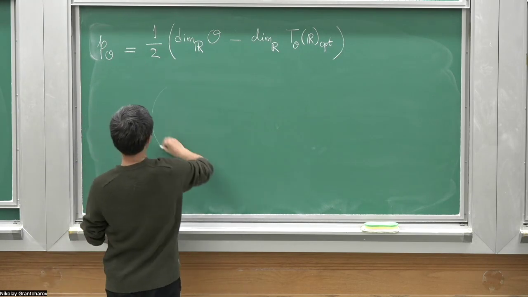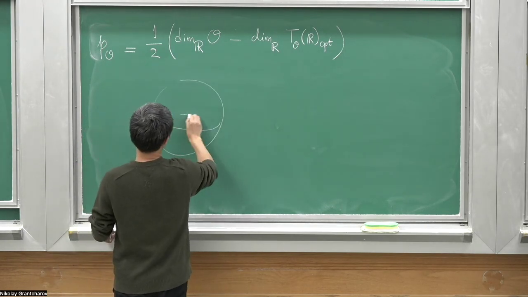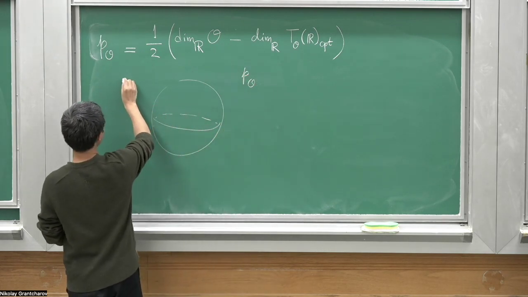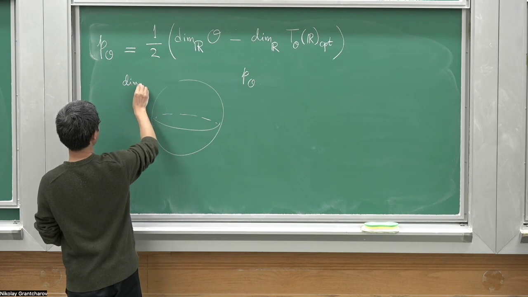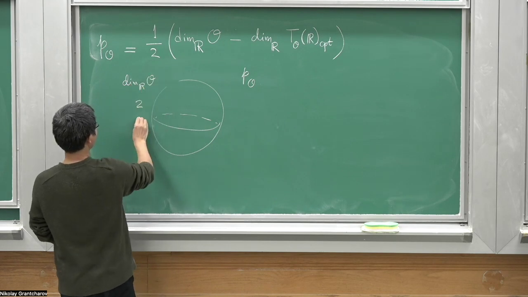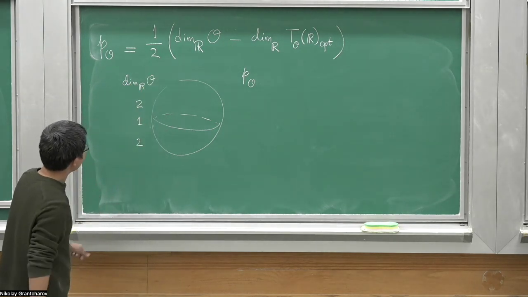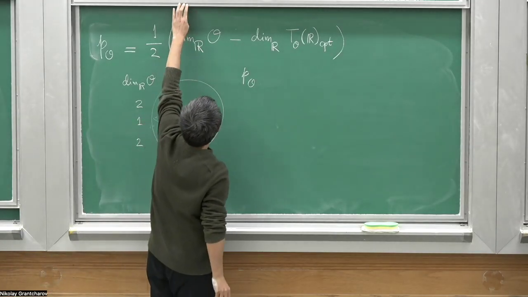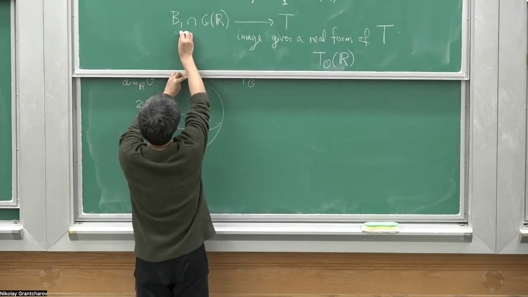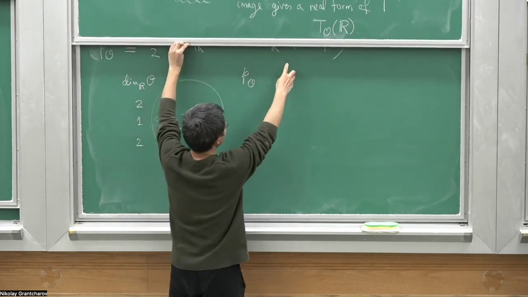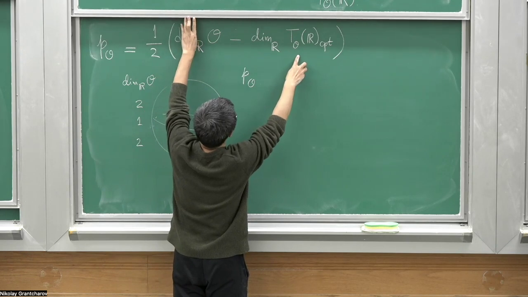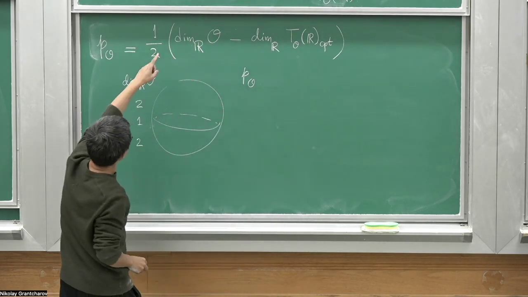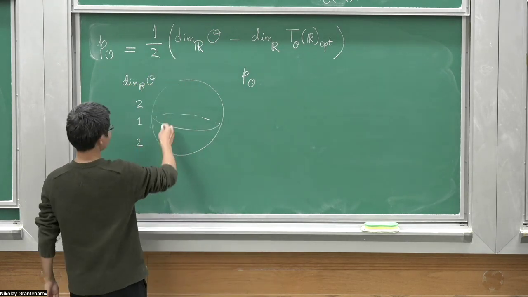Let's look at this example. The real dimensions are 2, 1, 2. Now, to calculate this error term, I need to calculate the stabilizer of each orbit under the real group.